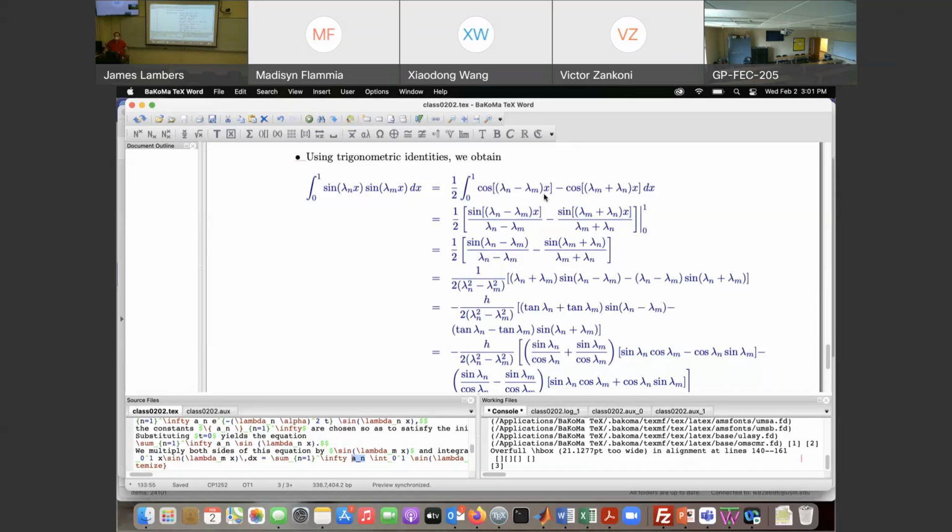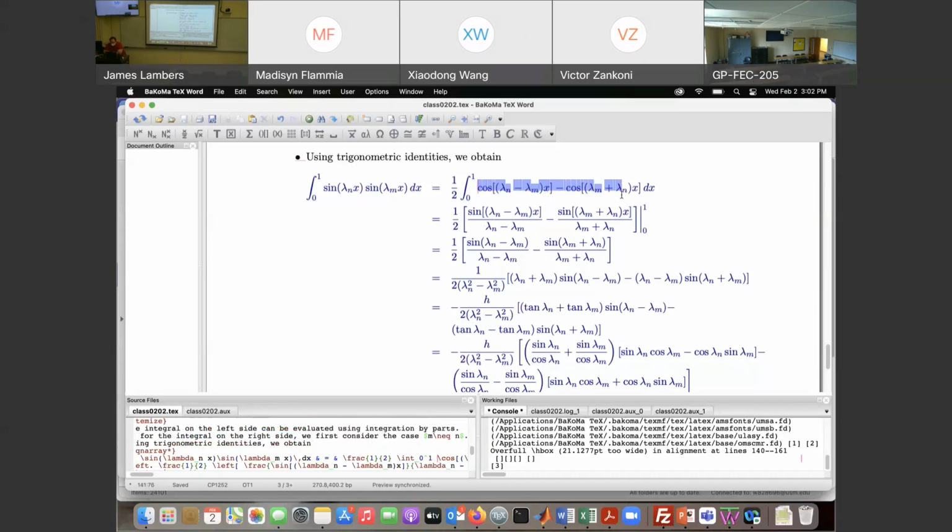If you look at a web page, like a Wikipedia page of trig identities, you'll see categories of product to sum formulas and sum to product formulas that come in handy now and then. And I can never remember those. I don't need to have them memorized because I have memorized the three that I mentioned, and I can use those to work out what these are. It's not convenient to look them up in a table. You know, if I'm stuck on an island and I need to do some trig, you can't use the internet. You never know. So once I've applied that trig product to sum formula, this is something that I can integrate.